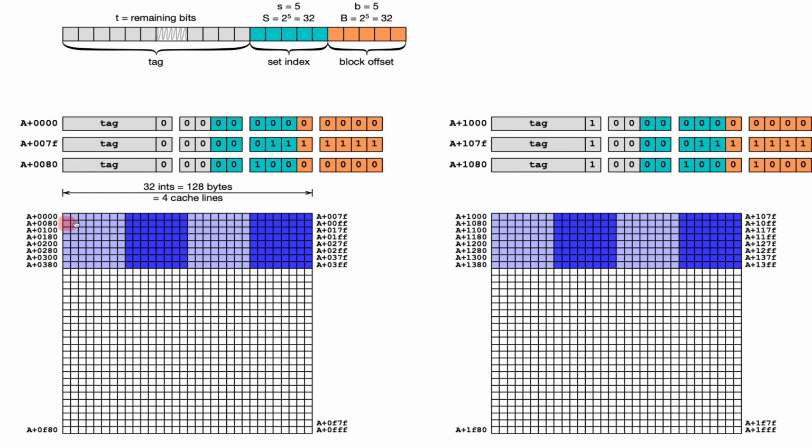Similarly, when we get to the second location in the second row of B, in other words, the second element on the diagonal of the matrix, right, the ones that are at index [0][0], [1][1], [2][2], [3][3], and so forth. When we get to the second row, we're going to load in the cache line that corresponds to these 8 addresses, and that's going to be at cache set 4.